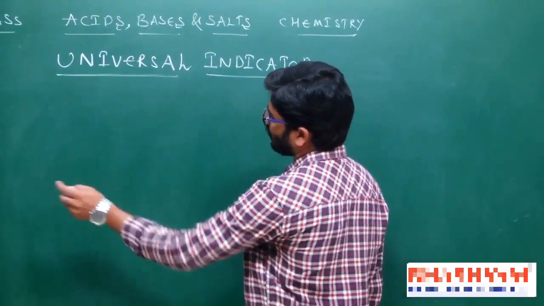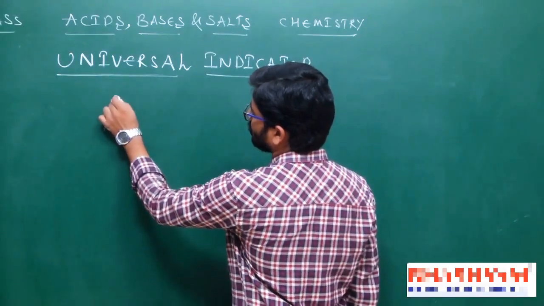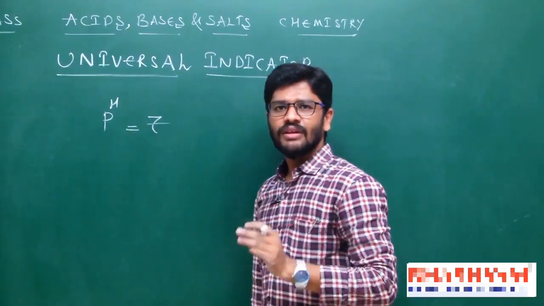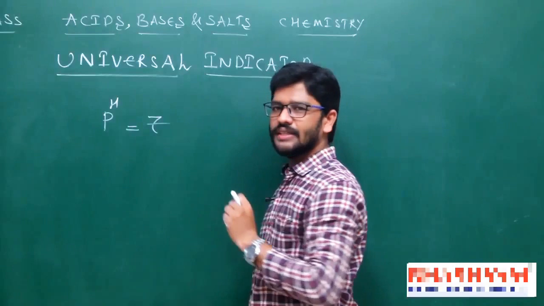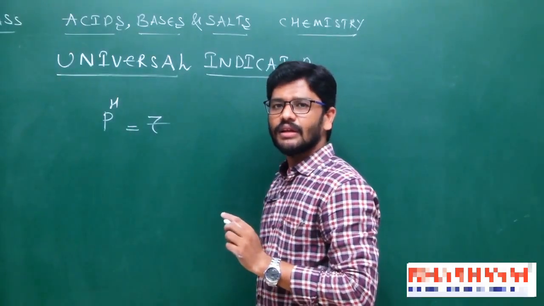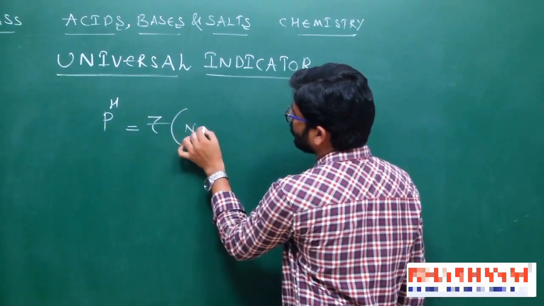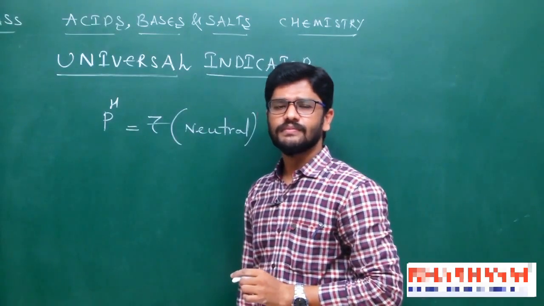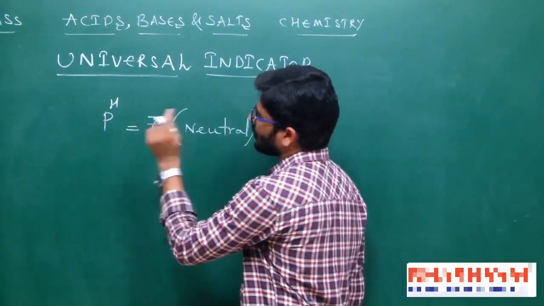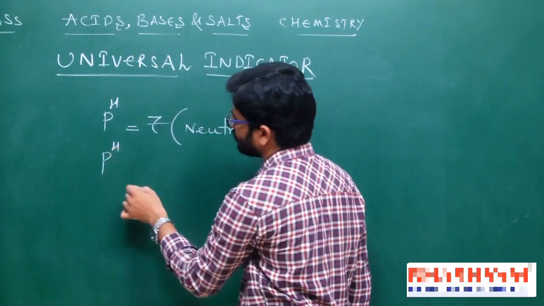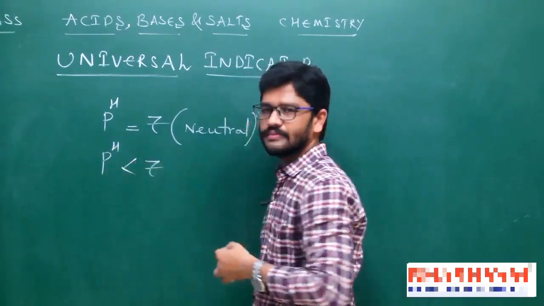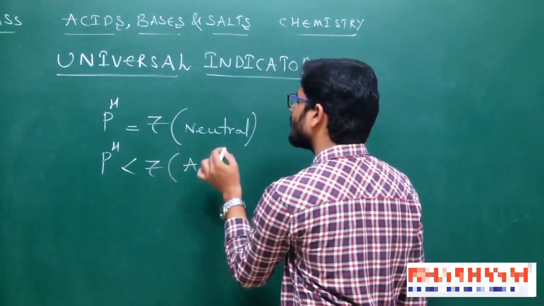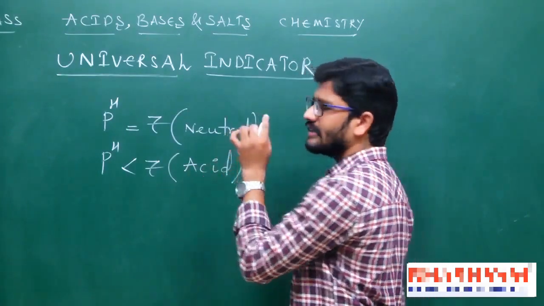Now all of you see the board. If the pH of the solution is 7, we consider that solution as neutral. If the pH of the solution is less than 7, we can consider that substance as acid.